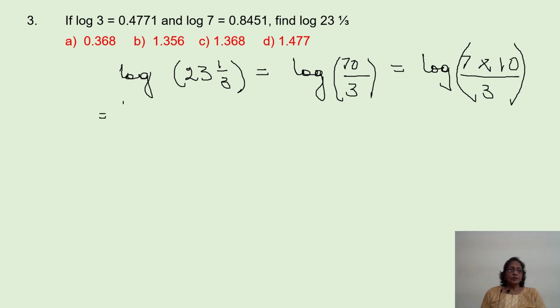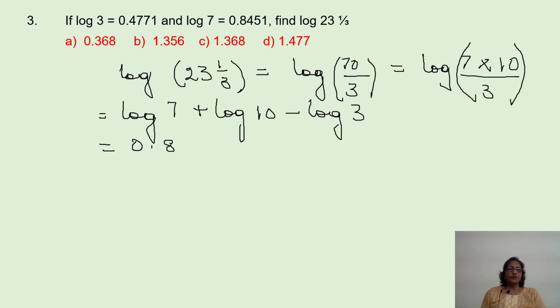So this comes out to be, using our properties again, log of 7 plus log of 10 minus log 3. Log of 7 value is given to you, that is 0.8451.